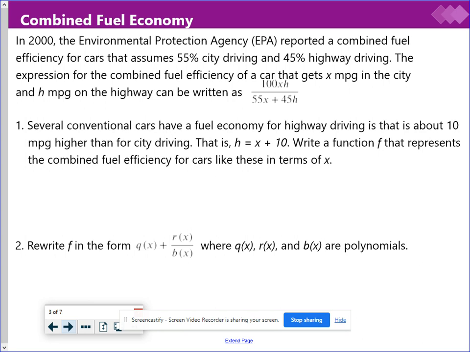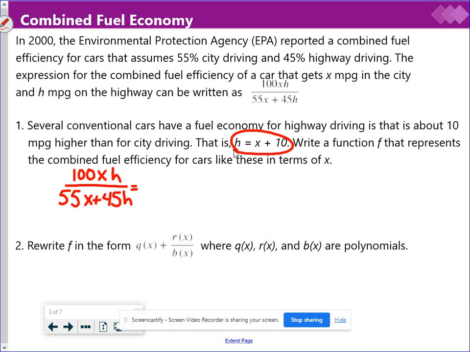Okay. So what we're going to do here is a substitution. Instead of the h, we're going to put in an x plus 10. So my original problem, we have 100xh over 55x plus 45h.